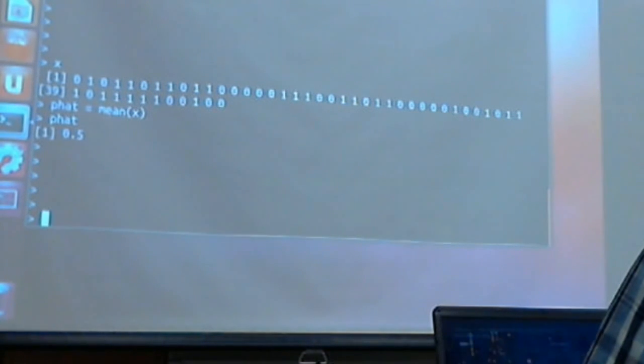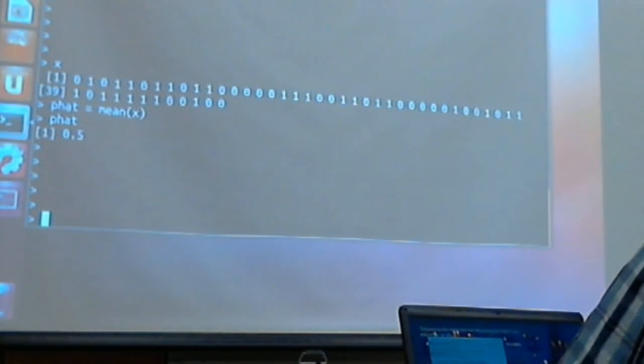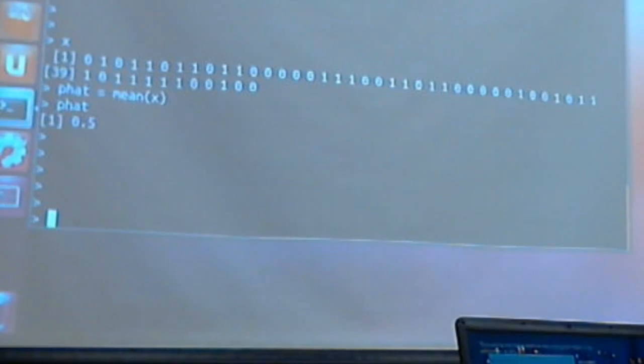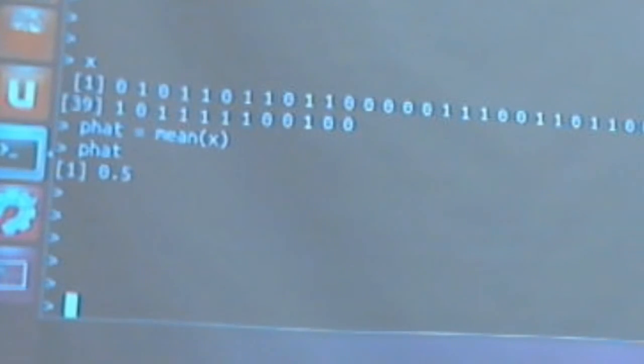Our confidence interval is of the form, and a lot of them will be in this class, P hat plus or minus a critical value times the standard error. If you go back to our notation, the standard error of P hat is the standard deviation of P hat, which is the population quantity, radical PQ over N. Here it's an estimate.